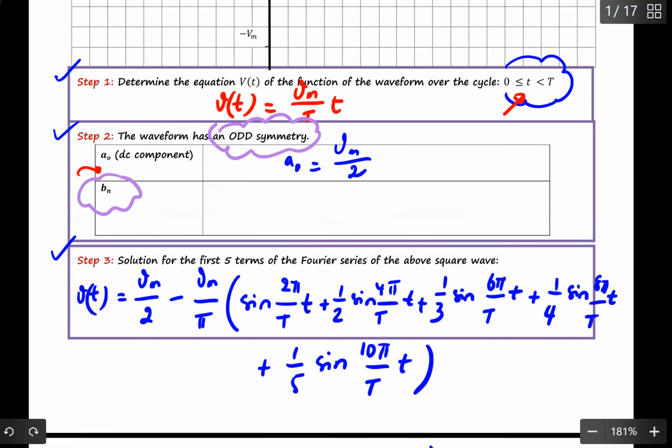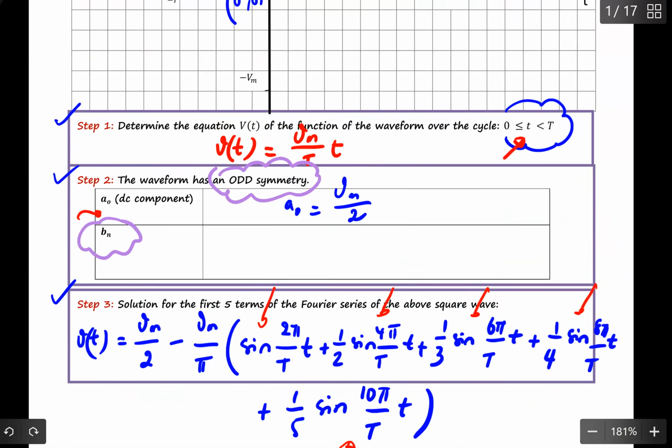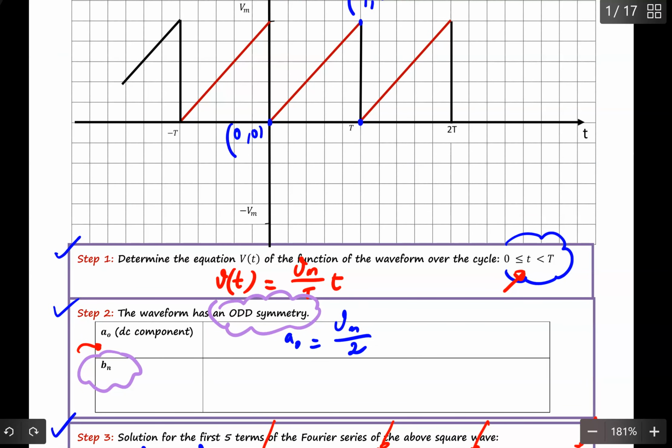Isn't that amazing? I hope everyone realized that adding all of these individual sine curves, as many of these sines add up to be equal to this straight line.